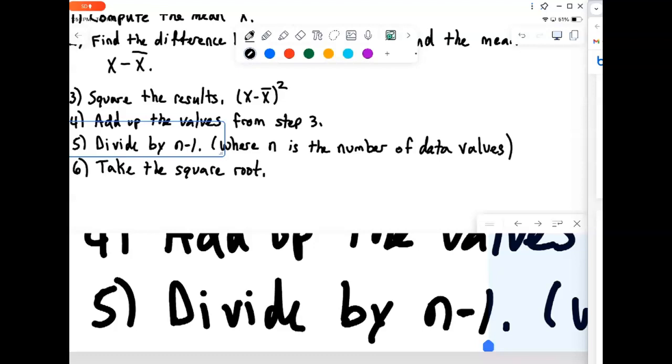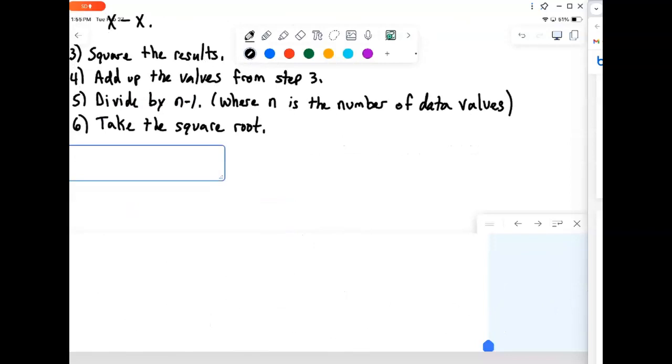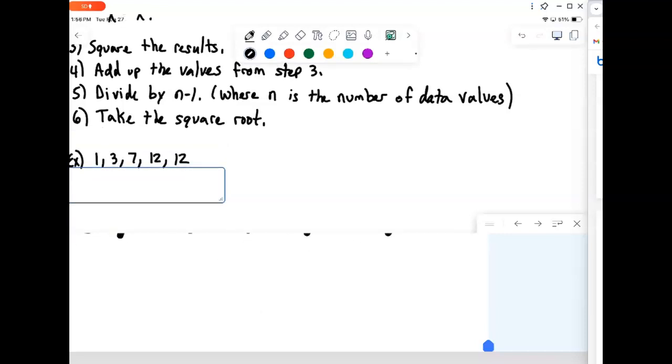Okay, so let's apply this to a set of data. Up above, we had two sets of data that we started with: 1, 3, 7, 12, 12. The first thing we do is compute the mean.